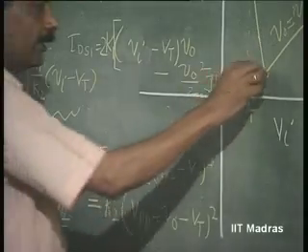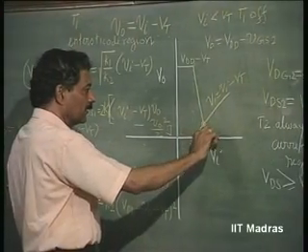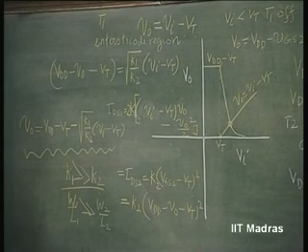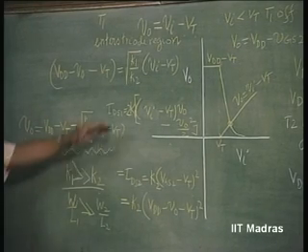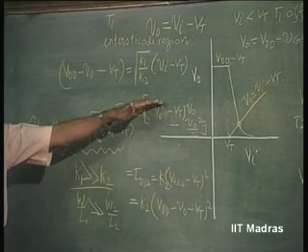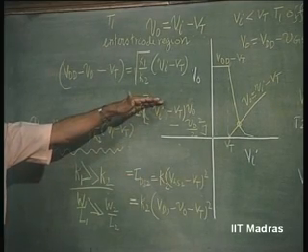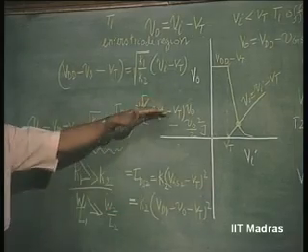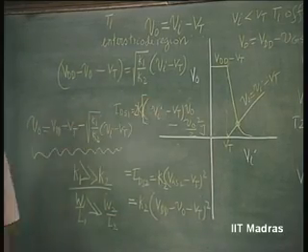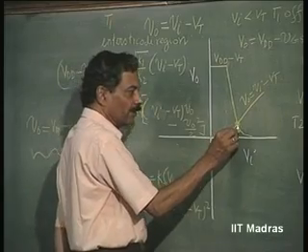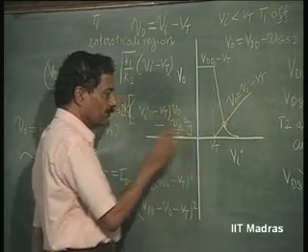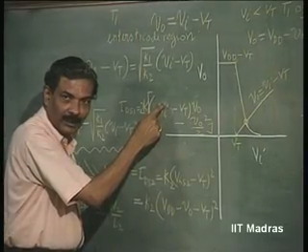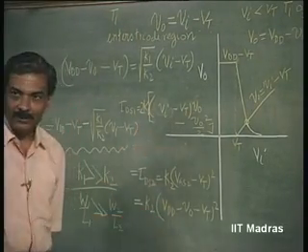So, this is a non-linear relationship, and if you solve for V naught using these two equations, equate these two, then solve for V naught. It is a quadratic equation in V naught. Solve for V naught and obtain that. That again is going to be left as an exercise for you. These two equations you must take, equate them and solve for V naught.